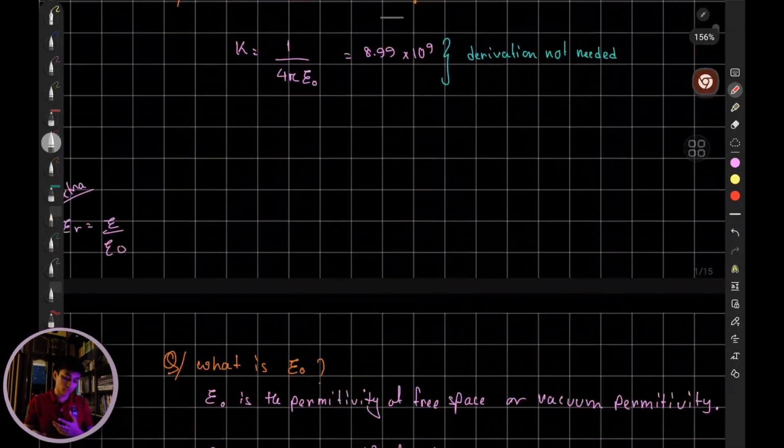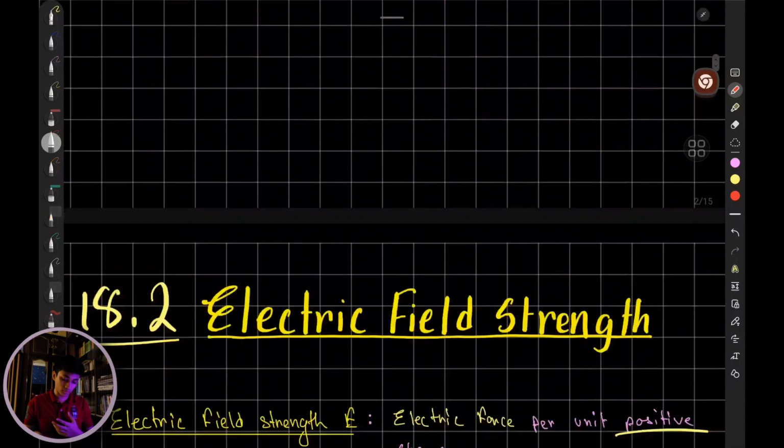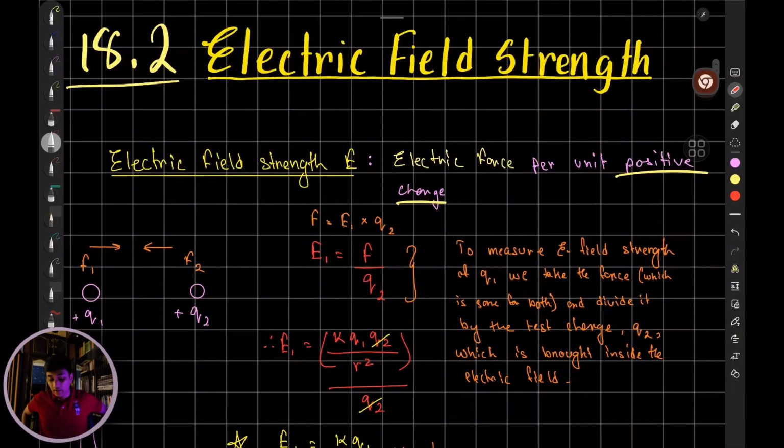Okay, so what was I talking about? Yeah, right: electric force per unit positive charge. You have to mention it, right? So that is your electric field strength. It is nothing but the force felt per unit charge, the force that will be felt by 1 coulomb of charge.